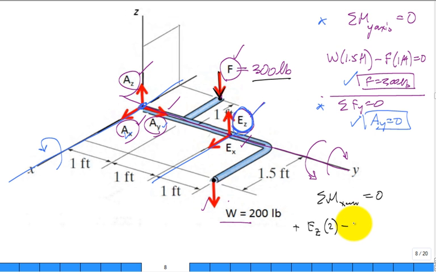That'll be negative: F times a moment arm distance of 1 foot. And the weight coming down will also make it want to rotate in a negative sense, so negative W times 3 foot. Those are the only three. But we already solved for F, and we know what W is. We get one equation, one unknown. We solve for EZ, and EZ is, numerically?